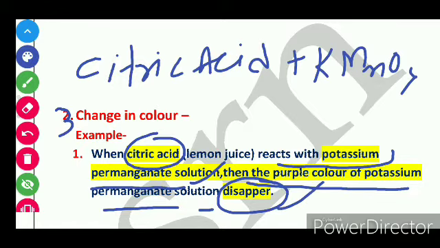This shows that in a chemical reaction, color is changed.